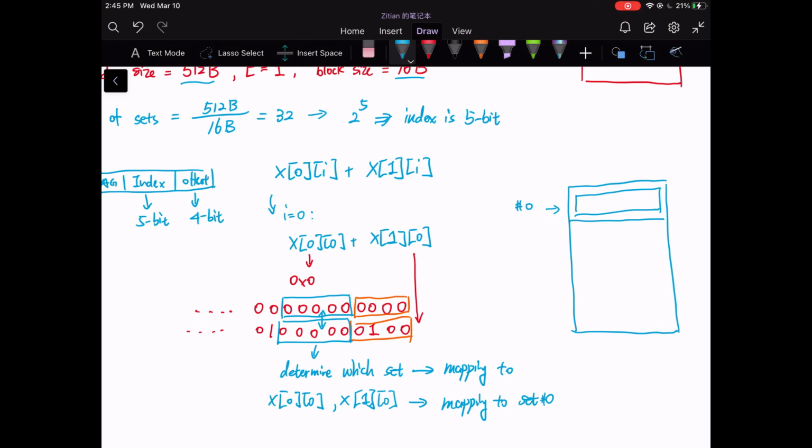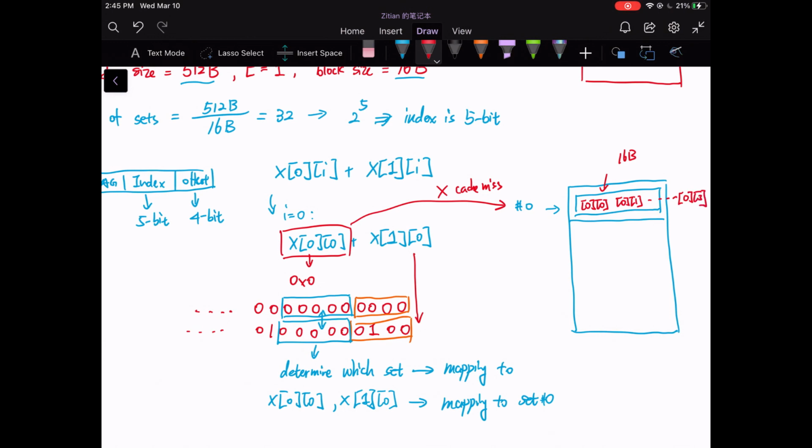So when x00 accesses the data cache, we get a cache miss, and then we load up new data. Because the size of this line is 16 bytes, we can store 4 integers. So we load up 00, 01, all the way to 03.